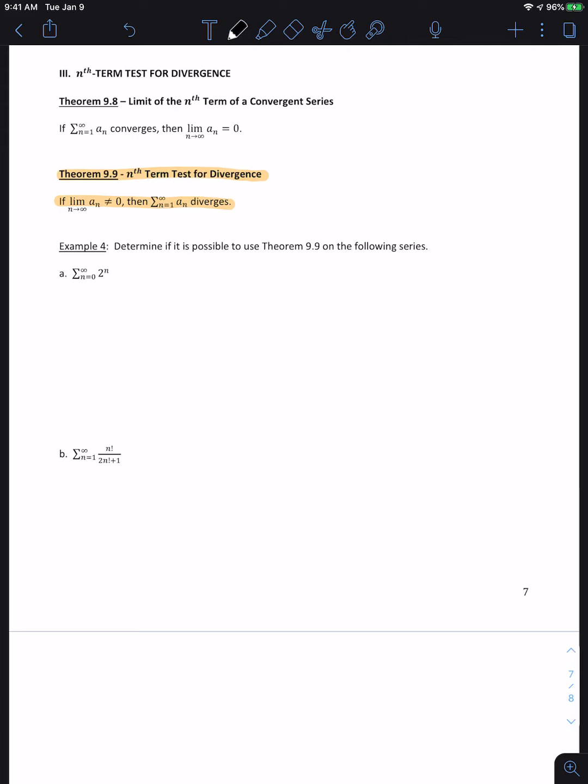Right? Notice what it does not say. It does not say that if the limit as n goes to infinity of a sub n equals 0, then it converges. Right? This is not true.